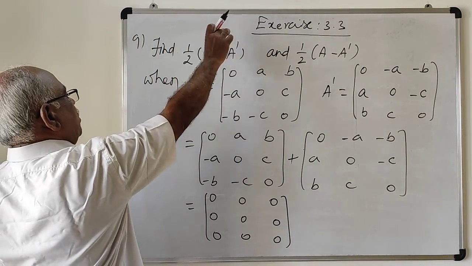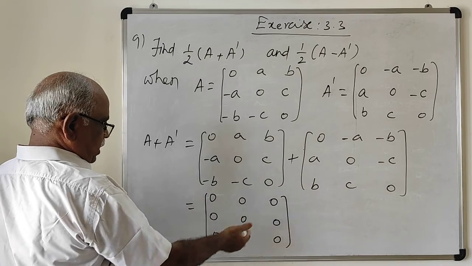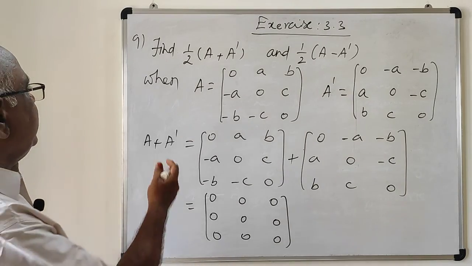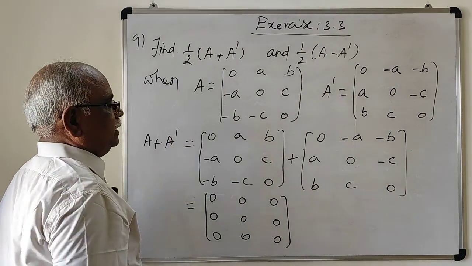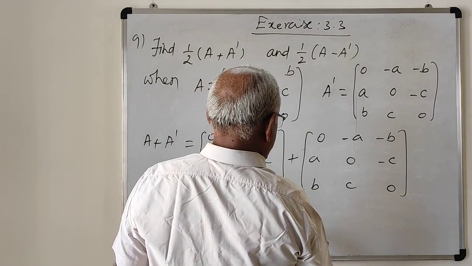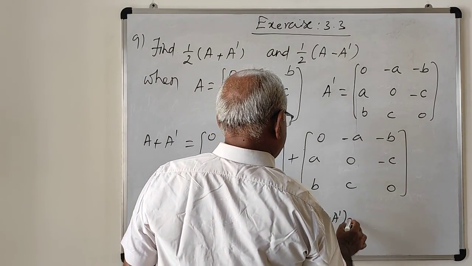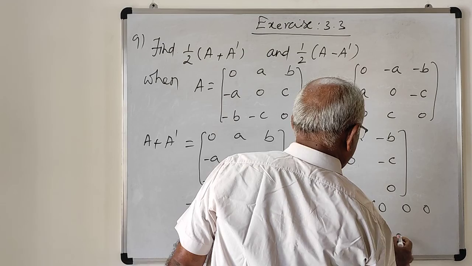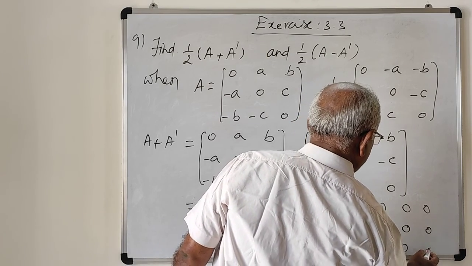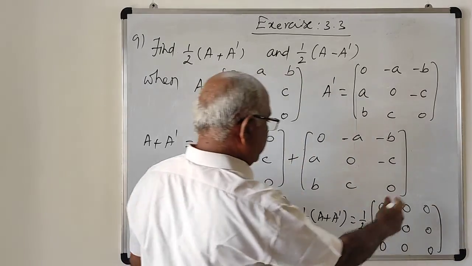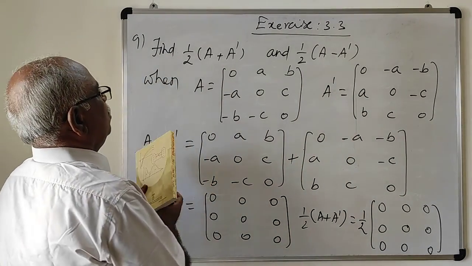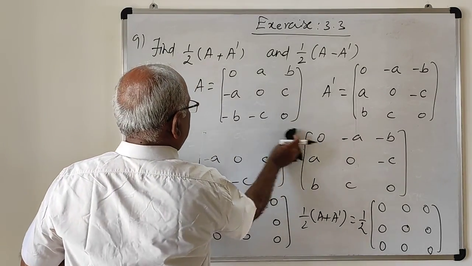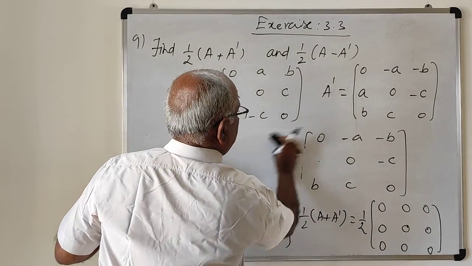They have asked us to find half into A plus A dash. If you multiply the elements of A plus A dash by 1 by 2, since all the elements are 0, you again get the same matrix.